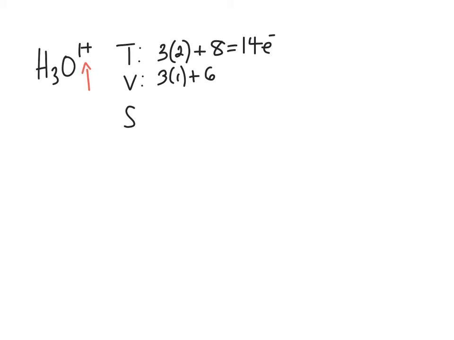It's 1 plus. What you do is you subtract 1 for each positive charge. You would add if this was negative. So 3 plus 6 is 9, minus 1 is 8. So shared, we have 14 minus 8, which is 6, or 3 bonds.